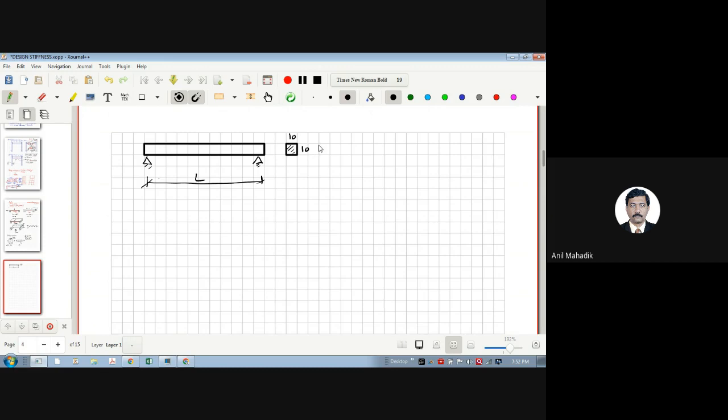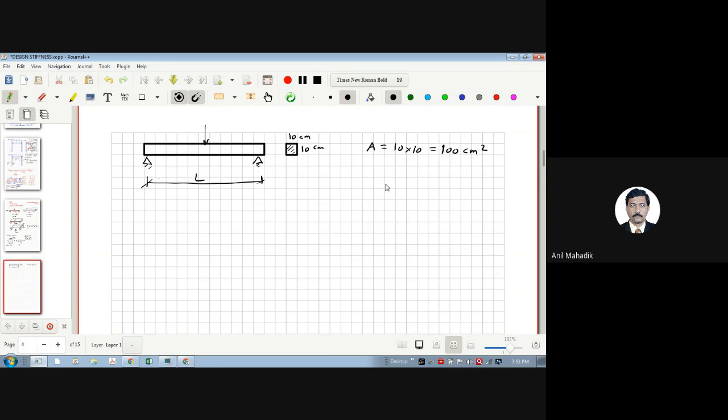I put some load over here. The area of this cross section is 10 into 10, which is 100. Whatever unit you choose, centimeter or mm, I'm just taking it unitless for the time being. If you take centimeter, it is cm squared.